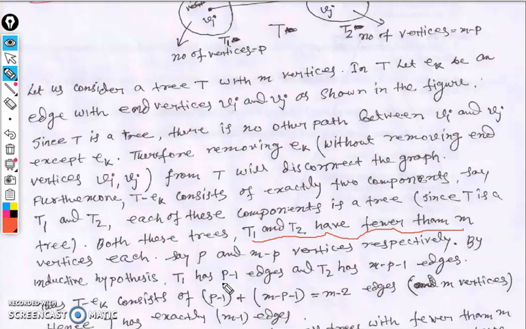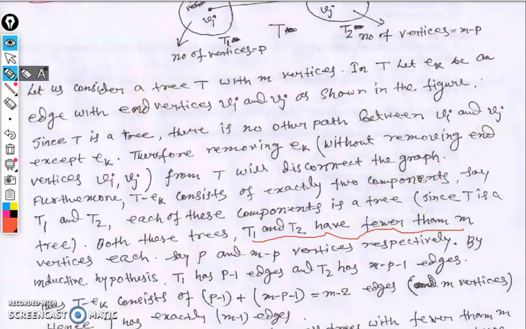If we divide this graph into two parts in such a way that each has fewer than m vertices, it should satisfy the norm. So in the first component, the number of edges should be p minus 1. In the second component, the number of edges should be m minus p minus 1, because we have already considered m minus p vertices.